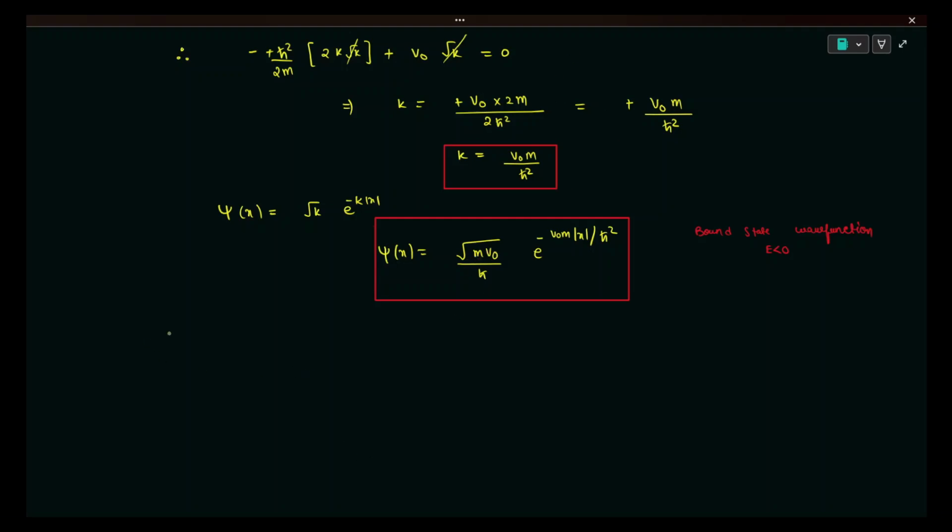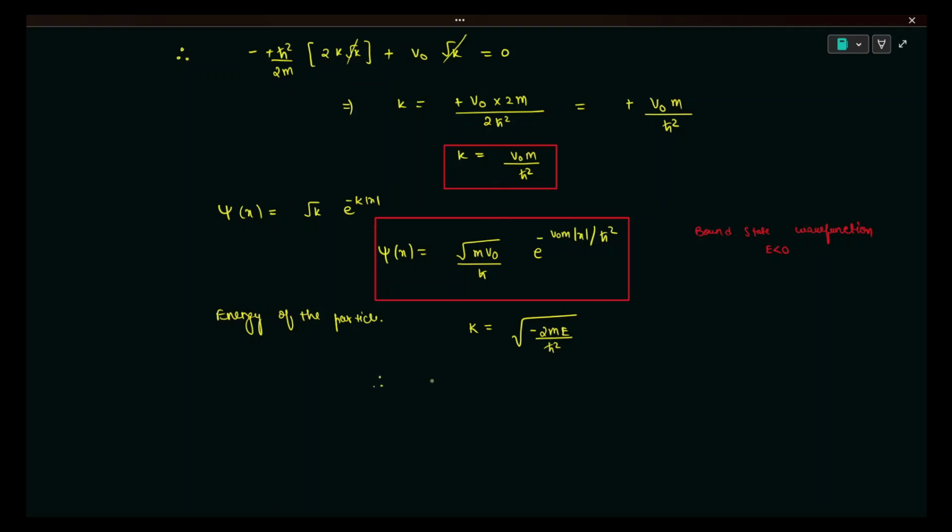So let's try to find the energy of the particle in this potential. If you remember, initially I defined my k as under root of negative of 2m E divided by h cut square. So I will plug the value of k here.